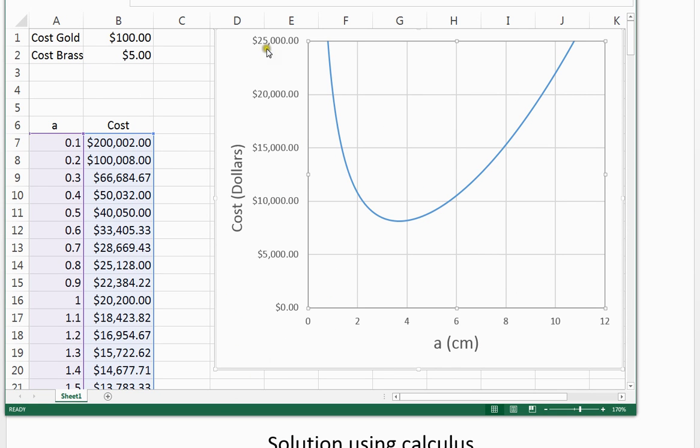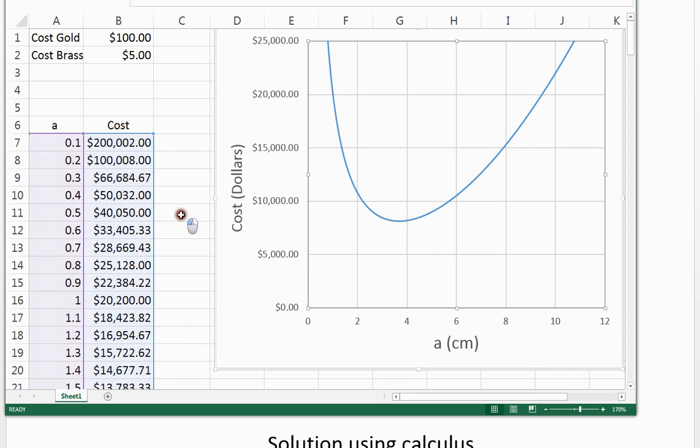Okay, so we have the plot here, cost in dollars versus A in centimeters, and you can see that it reaches a minimum and goes up at large and small values of A. All right, so I just plugged in different values of A, computed the cost.